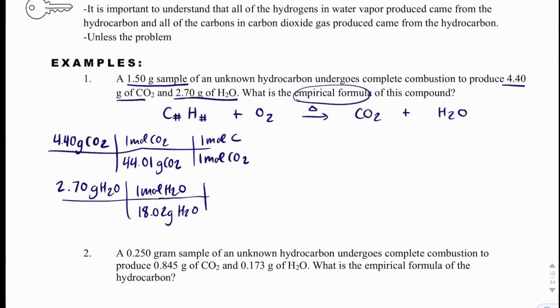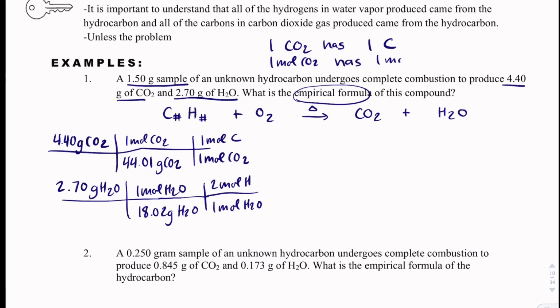So there's 1 mole of C there, and then in 1 mole of H2O, there's 2 moles of H. So 1 CO2 has 1 C. That's the same thing as saying 1 mole of CO2 has 1 mole C. 1 H2O has 2 H's. 1 mole H2O has 2 moles of H. Okay, it's just a simple ratio.